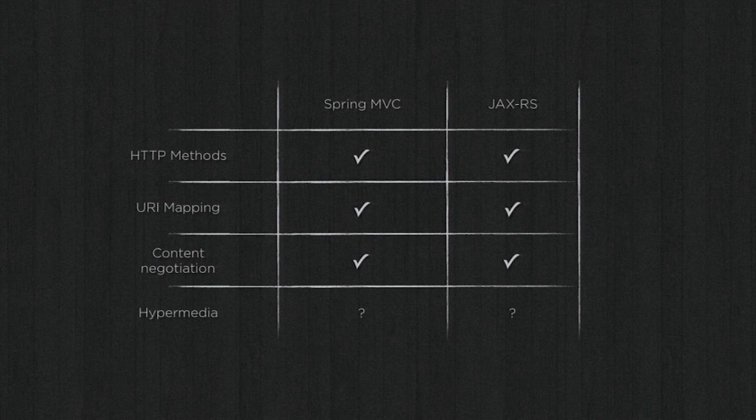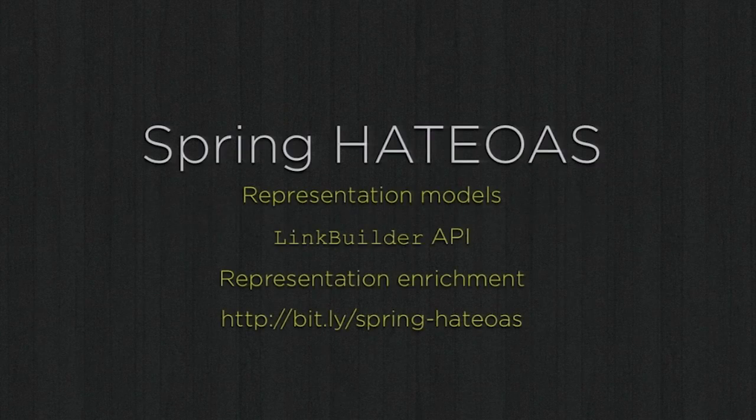So we have really decent support for URI mapping, for content negotiation, all that stuff that you want to have. But if it comes to, okay, how do I create a link pointing to my orders? You usually keep URI mappings in constants and then reuse them all over the place. But I'll show you how that works with Spring HATEOAS actually. Yeah. So what has Spring HATEOAS?